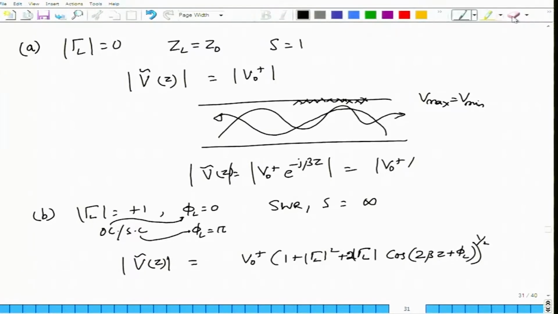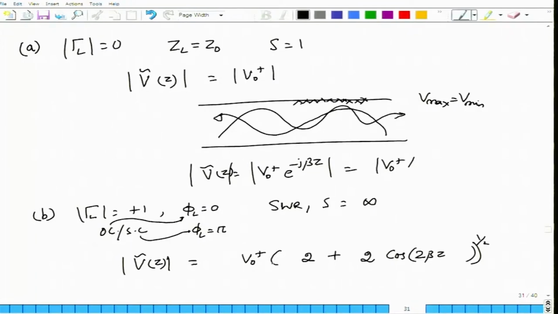So, I can replace them with 1 here, and I can replace this one also by 2. So, this would be 1 plus 1, which would be equal to 2. Okay. So, this would be 2 plus 2 cos of 2 beta Z plus phi L. Clearly phi L will be equal to 0 for the open circuit case, and this is how you are able to find out what is the voltage.